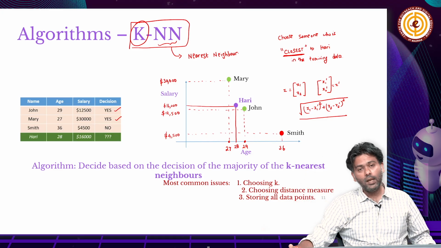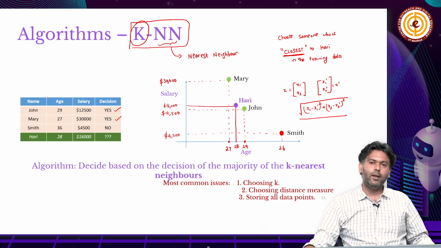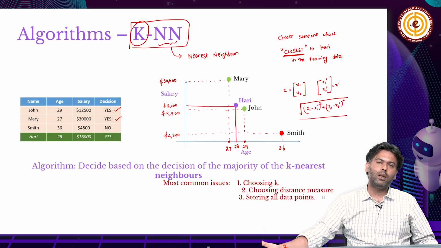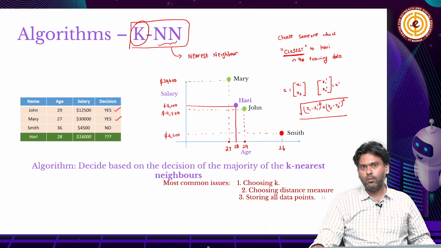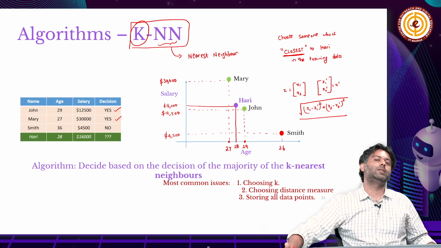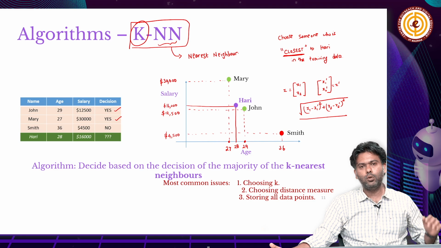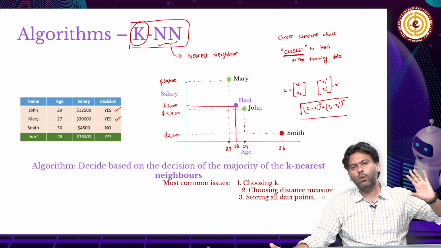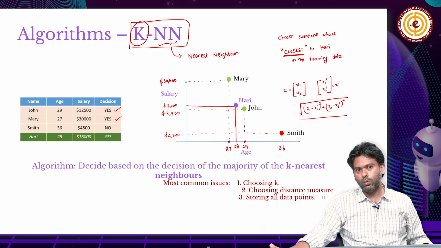Now, if you had a million data points, let's say it's a big bank and it has had, over the last 25 years, like a million or 10 million customers. For a new customer, I need to figure out who are the top nearest neighbors. Let's say k is not 10, let's say k is 11, it has to be an odd number. Now, I need to figure out who are the top 11 nearest neighbors of this new customer.